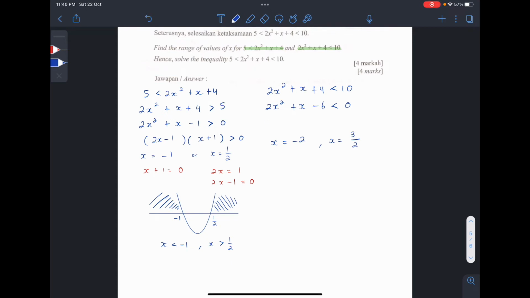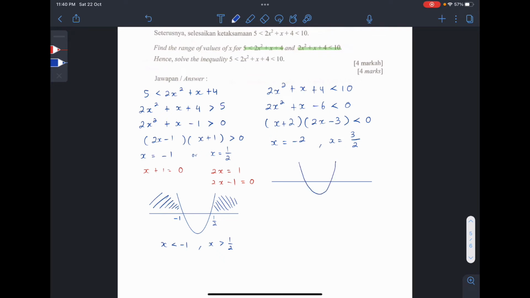Same thing. We are going to write the brackets again. So what's the first one? x plus 2. Next one, you try. Alright. So it's supposed to be 2x minus 3 less than 0. So what's missing? I haven't drawn my graph yet. So let's sketch a graph.